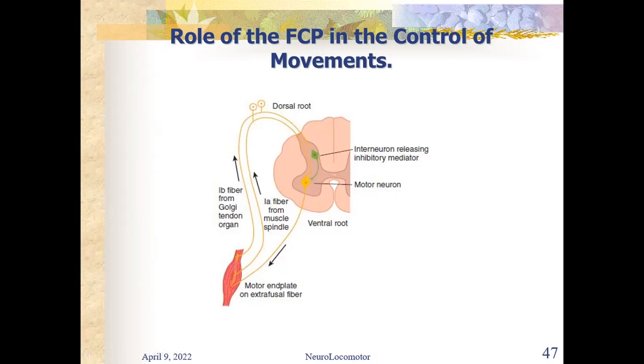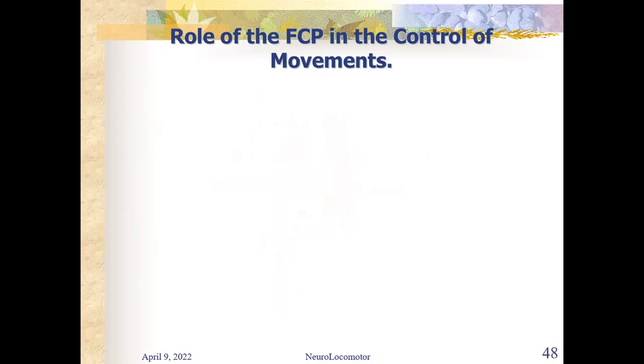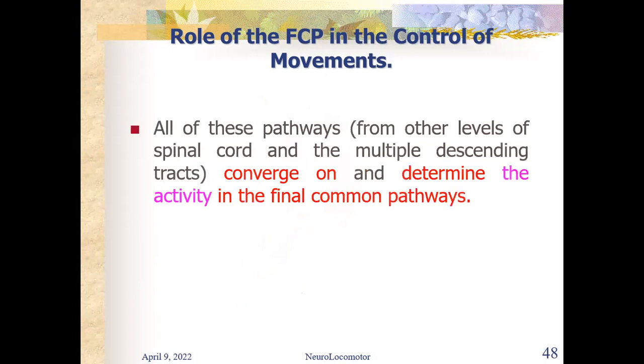Okay, as we go further, we are going to see the function of the alpha motor neurons on the skeletal muscles. What is the function of the alpha motor neurons there? As you have seen in that flow chart, all of these pathways from other levels of the spinal cord, coming down from the motor cortex and multiple descending tracts from the extrapyramidal tract, converge and determine the activity of the final common pathway.